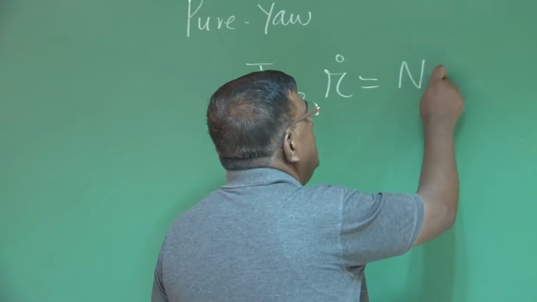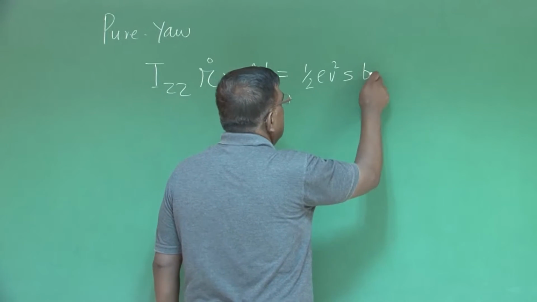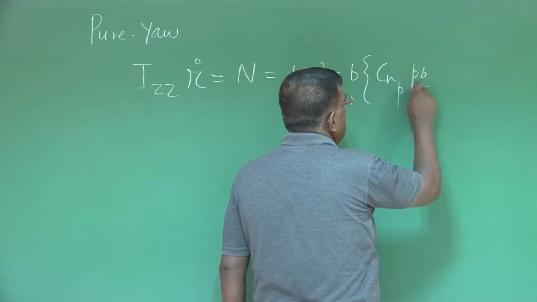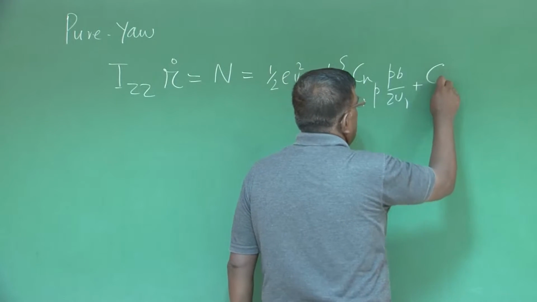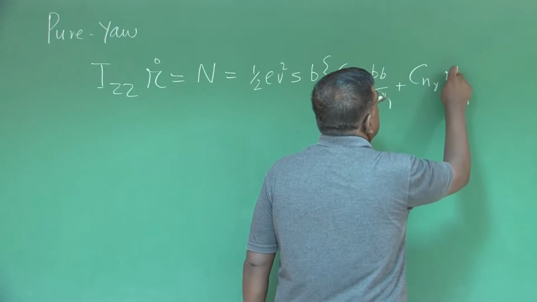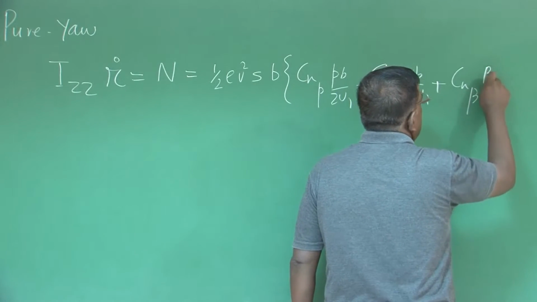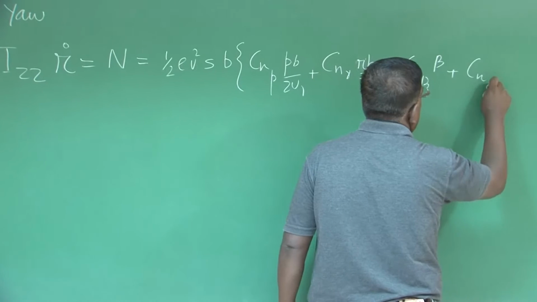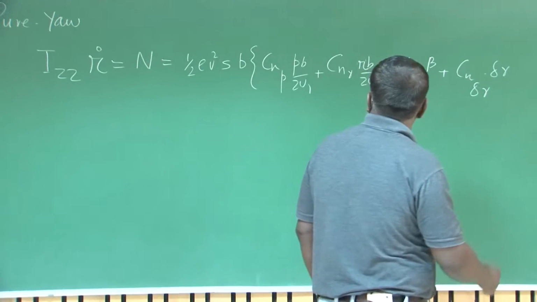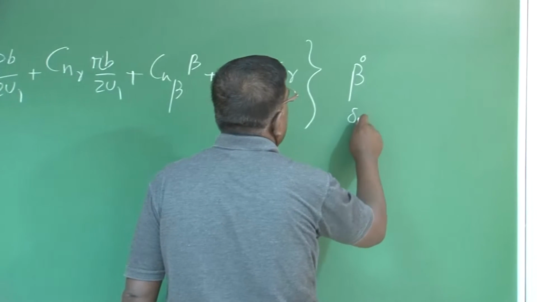and N I can write as half rho V square S b into CNP into PB by 2 U1 plus CNR into RB by 2 U1, plus Cn beta into beta plus Cn delta R into delta R. I am neglecting any contribution because of beta dot or delta A, both.